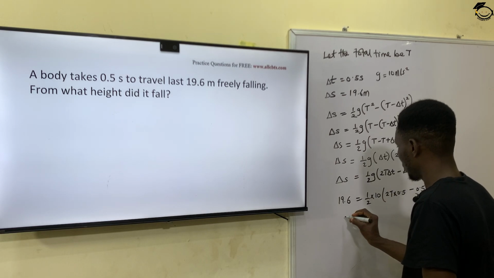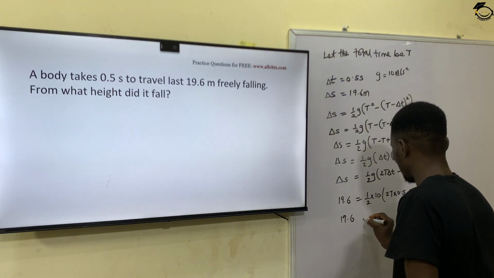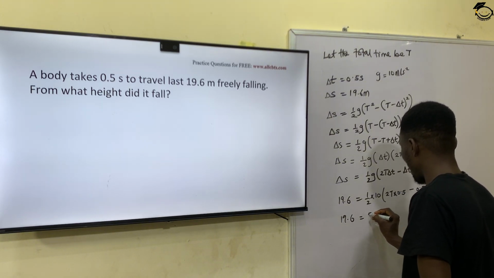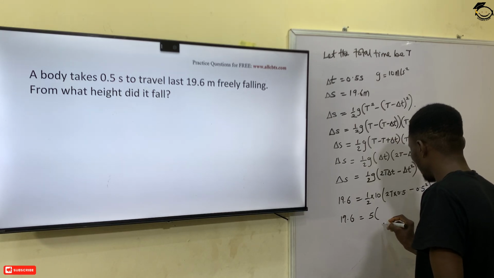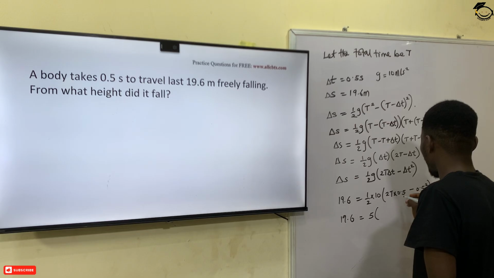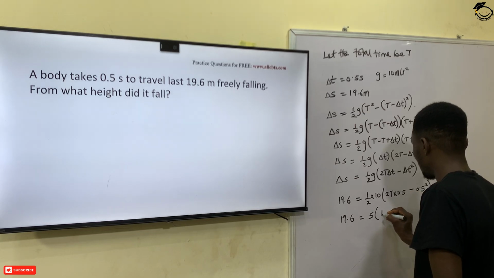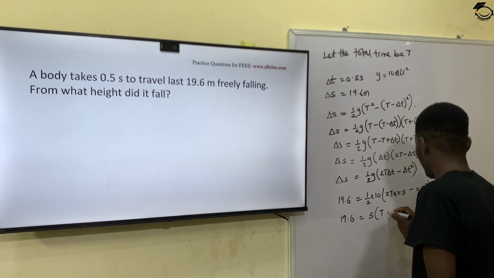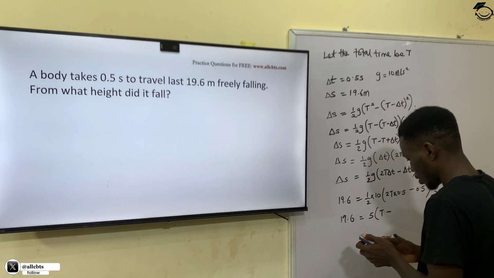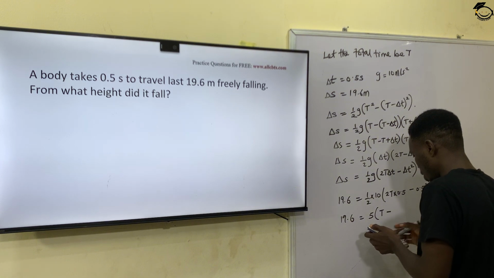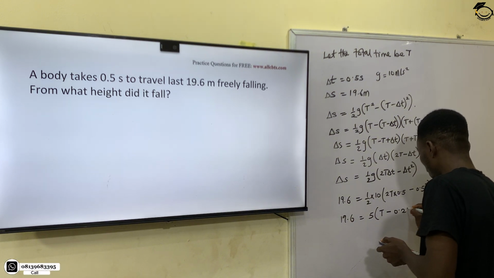So this will give me 19.6 is equal to 5 in brackets 2T times 0.5 here will give me T, minus 0.5 squared will give me 0.25.